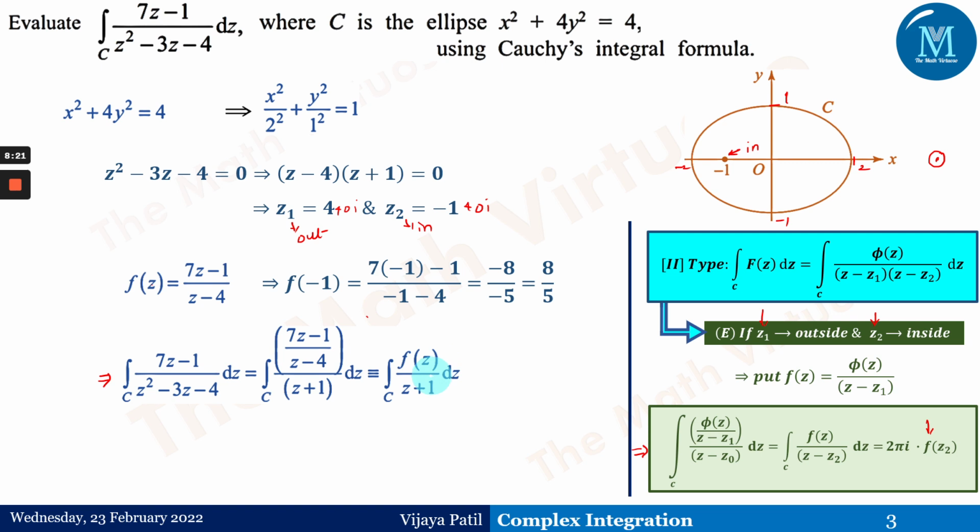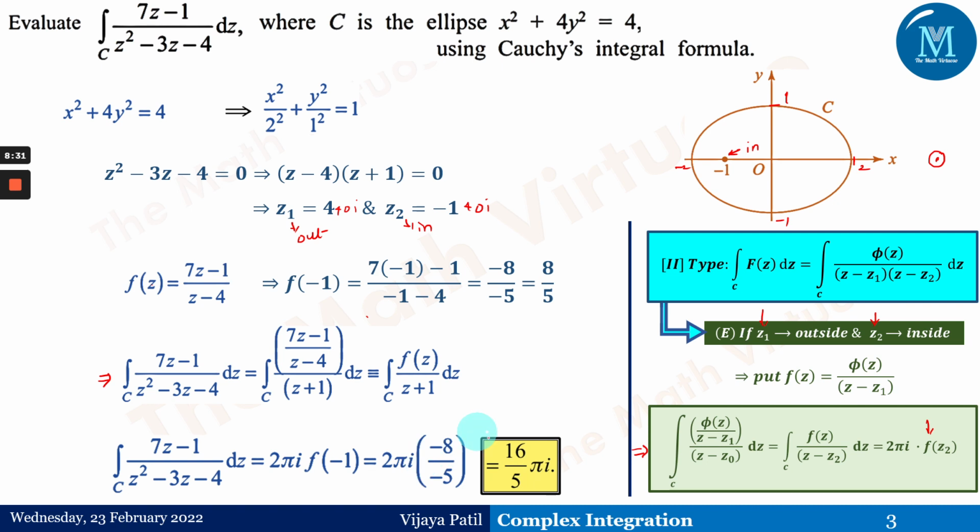I have written it here. So it is f of z upon z minus z plus 1 dz. This is the same setting what we have got it here, and therefore it is nothing but equals to 2 pi I into this, which is equals to 16 pi I upon 5. So this is what we got it as, this particular answer, where one point is in, one point is out. Type 2 part E.